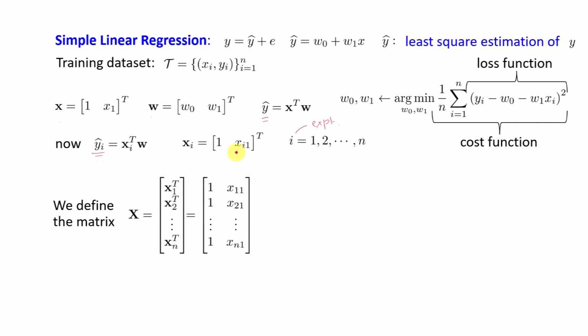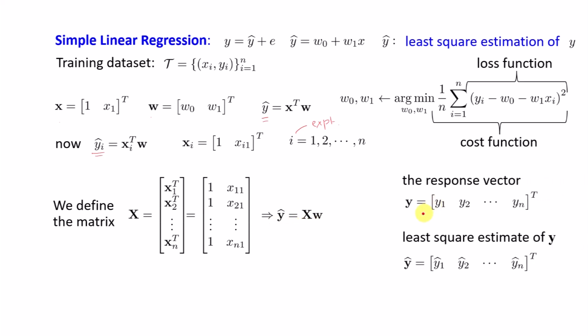And now we can see this y hat, I can put that as a vector, and I can write y hat vector equals Xw, where both the y and the y hat I can define as n-dimensional column vectors, depending upon the experiment. Every experiment is giving me a value of y, and every y has a corresponding y hat. That is how I am taking them as n-dimensional column vectors.